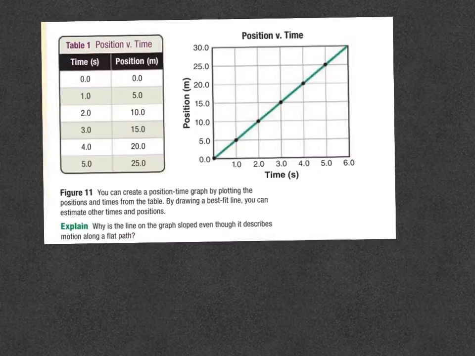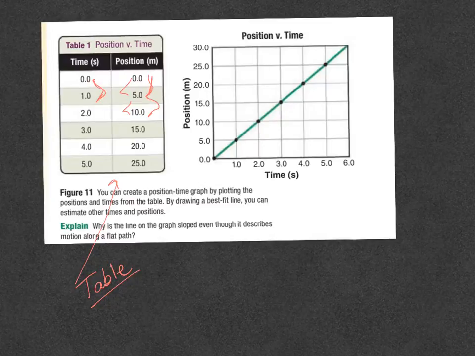If you have an example here, I was posting this with your notes. You know that this is a table, but a table is not very useful. Why? Because you don't see the relationship, even though you can see over here that every 1 second, the position is changing by 5 meters.